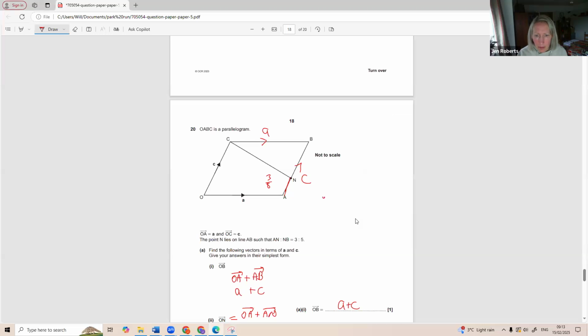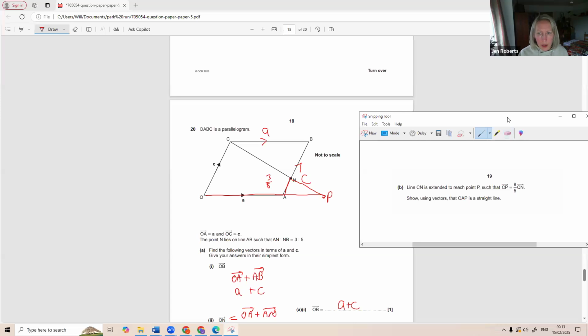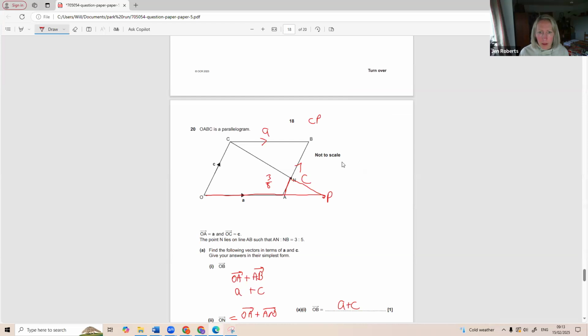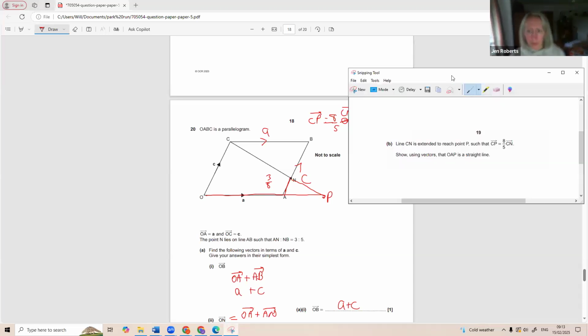So we're assuming P is somewhere over here. Well, we don't know that it's a straight line yet. We've got to show it using vectors. I'm going to just try and fit my answer in here.